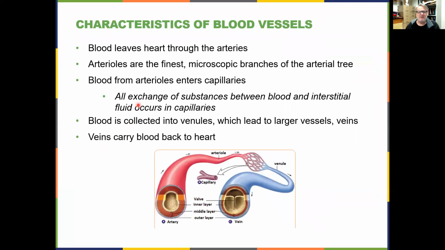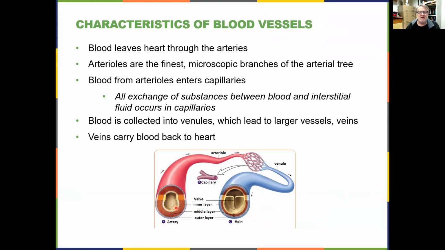So let's look at the other blood vessels, or all the blood vessels. As we look at an artery, because an artery is carrying blood away from the heart, this is where the highest pressure is going to be generated, because it's the pumping action of the heart that generates the high blood pressure to literally push the blood through the system.